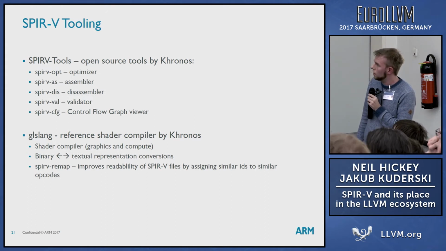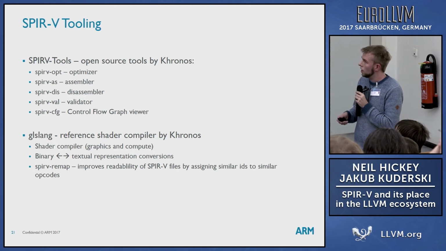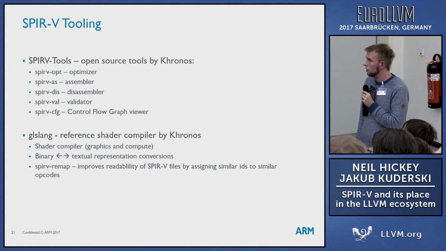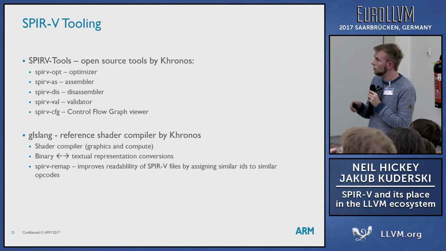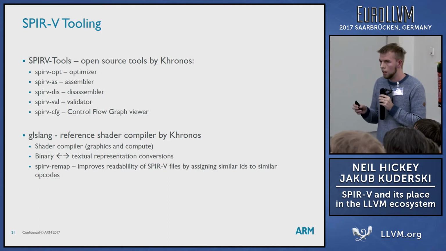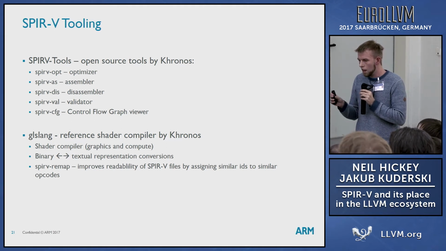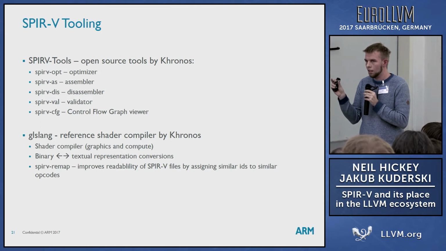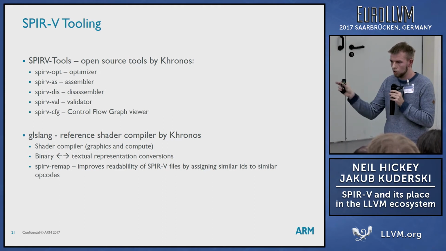GLslang is a reference shader compiler made by Khronos, and it essentially is a front-end and code generator for graphics and compute shaders. It also supports binary and textual representations, and it also provides this neat tool called SPIR-V remap that takes a bunch of different SPIR-V modules and makes them more similar by naming certain values so that they are similar to each other across different modules.